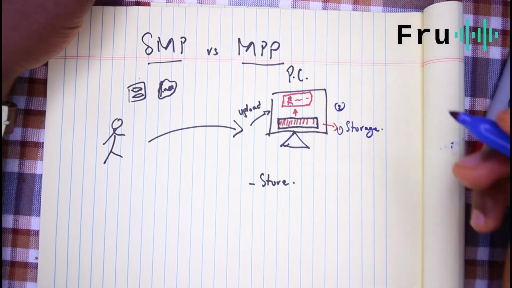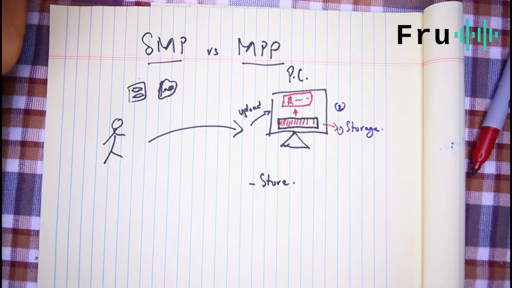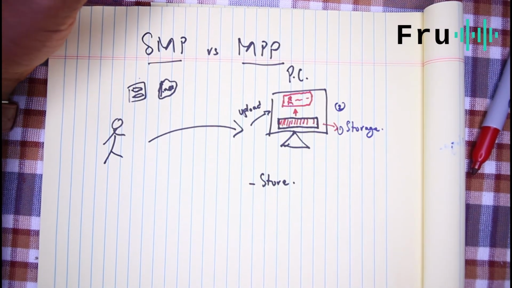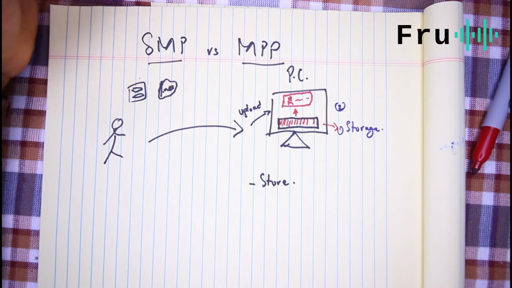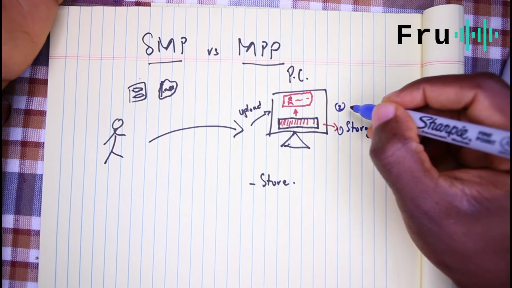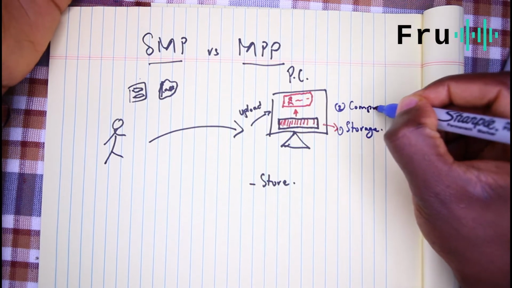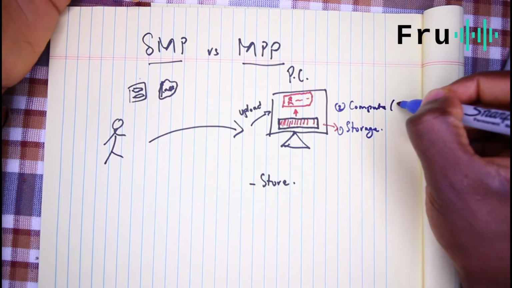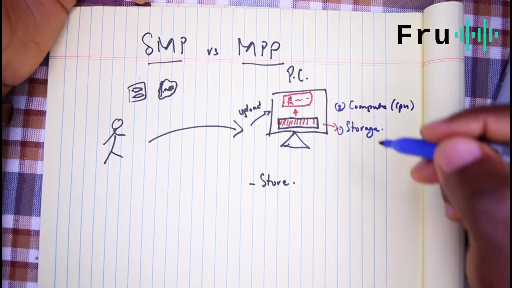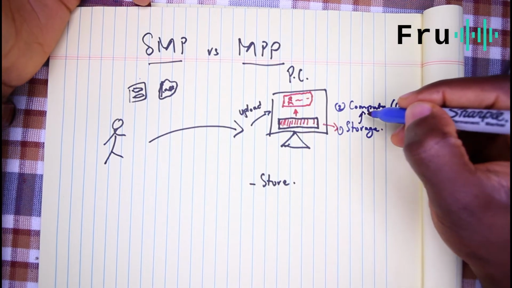Number two is once you actually click on that file to look at it, there is something that happens, and I'm just going to call this compute. Some magic happens, right, where that file is read from wherever it's stored.